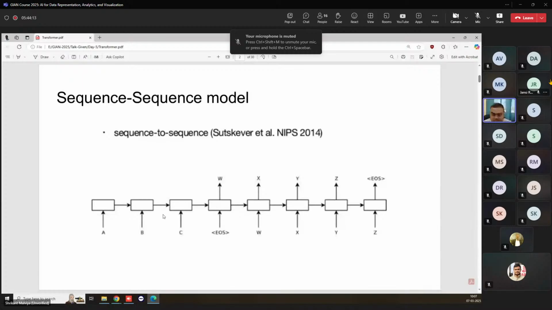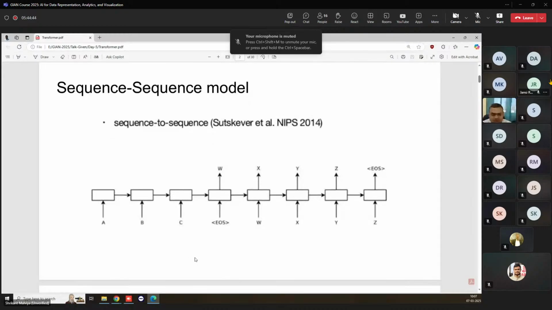This is also called the encoder-decoder architecture, where one encoder processes the input and generates a unified representation, which the decoder takes to generate the sequential output. So this is the main idea behind sequence to sequence training.